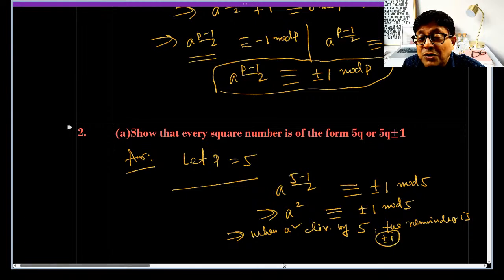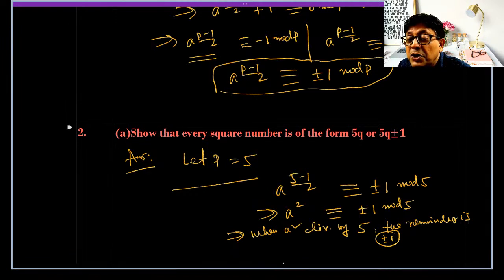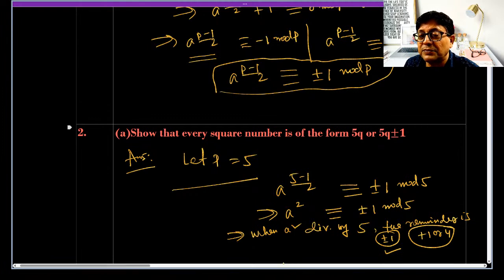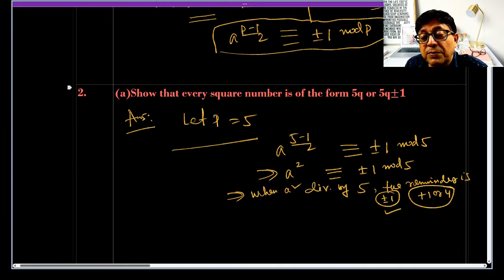Normally we express the remainder in the form of a positive sign, so you would write plus 1 or 4. But they have asked you to prove this thing, so I will stick to this. So when a squared is divided by 5, the remainder is plus or minus 1.